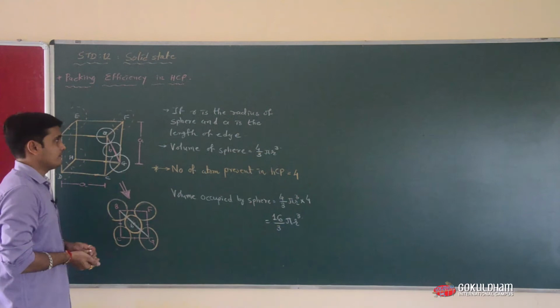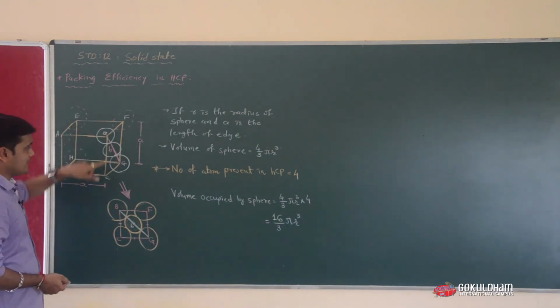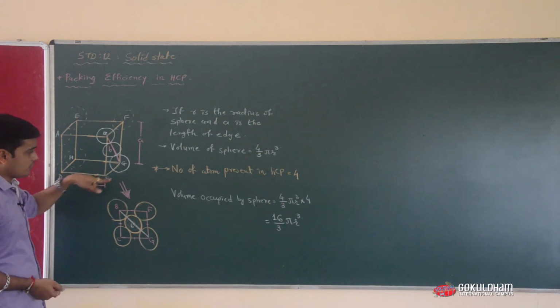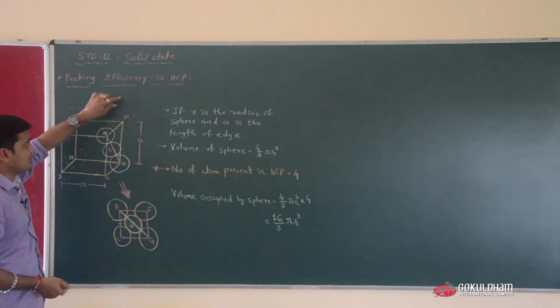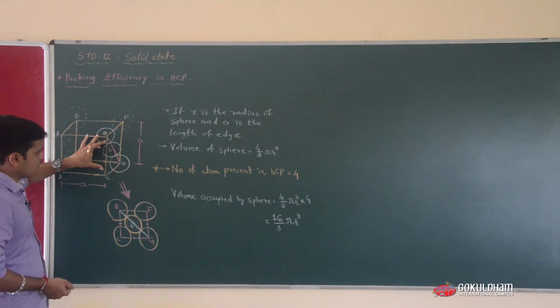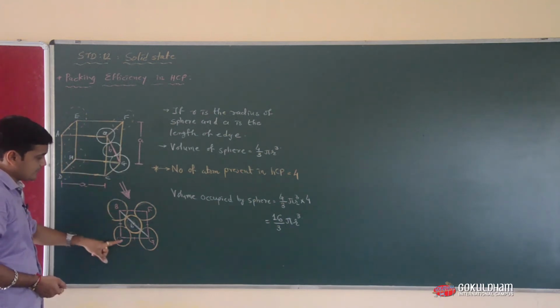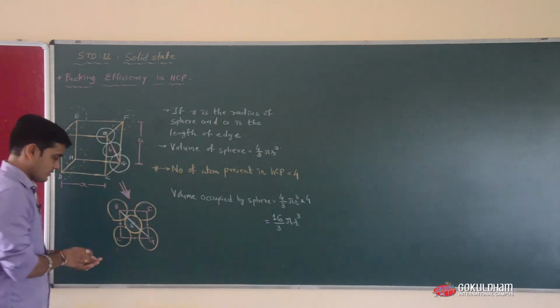In body centered, you have two triangles, one is there and the other one is at the bottom of this line. But in this CCP category, you have only one triangle, and that triangle is considered as BCG.